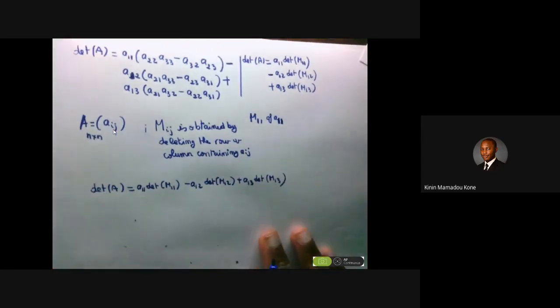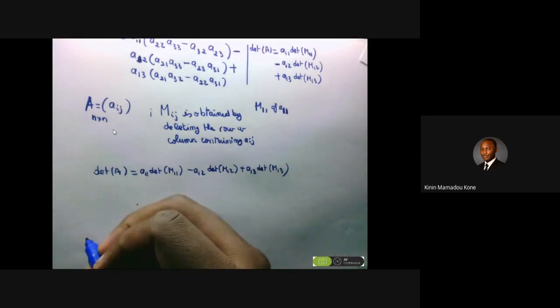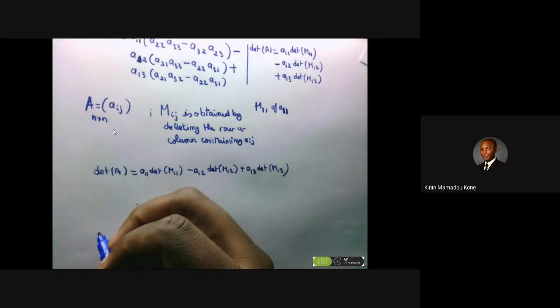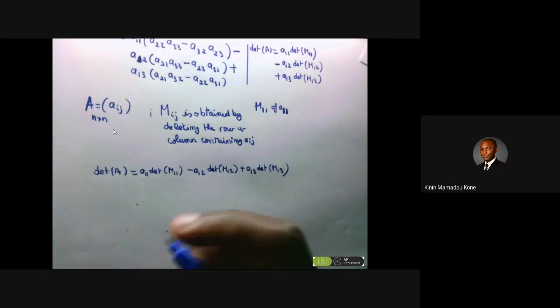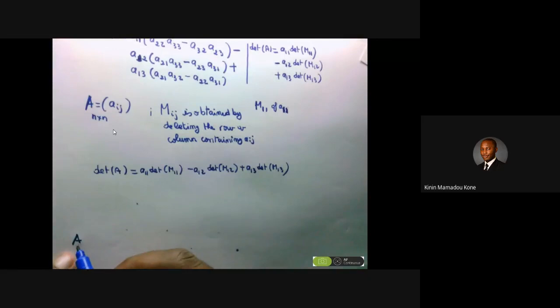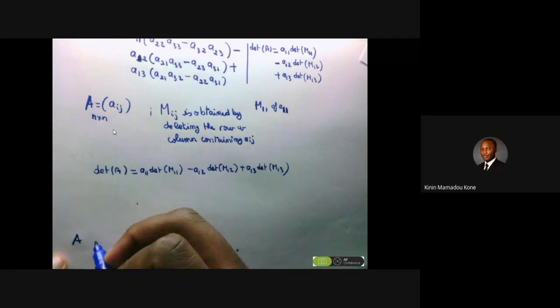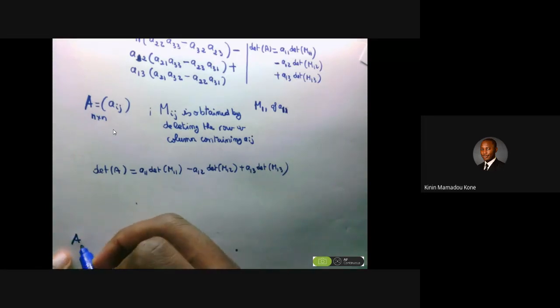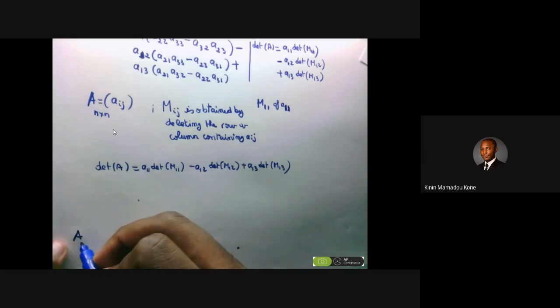We can define a number that is formed by the following. You take the matrix A, which will be denoted as A sub ij, like this.